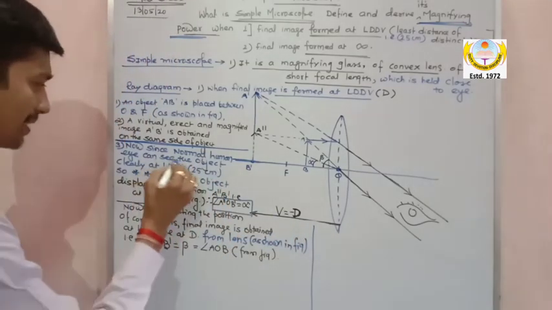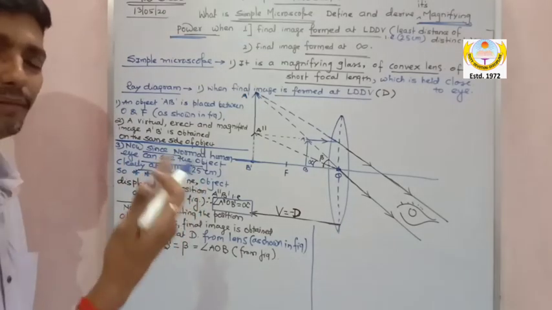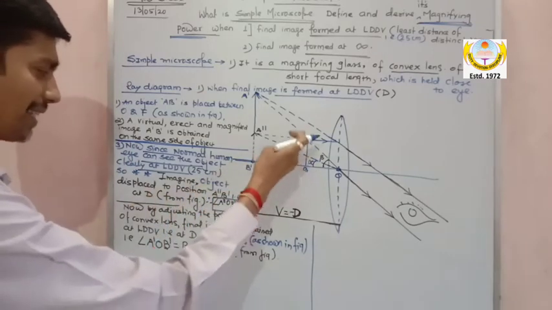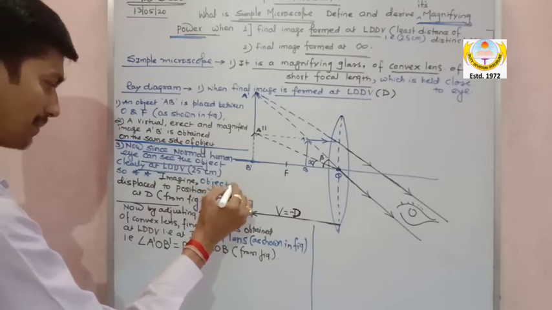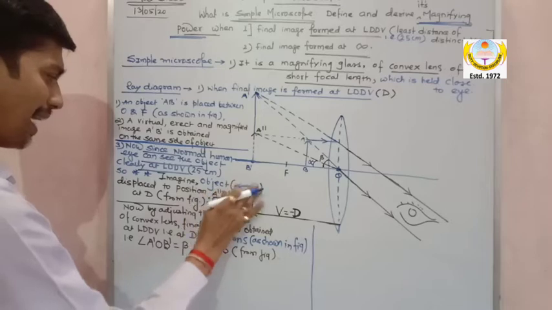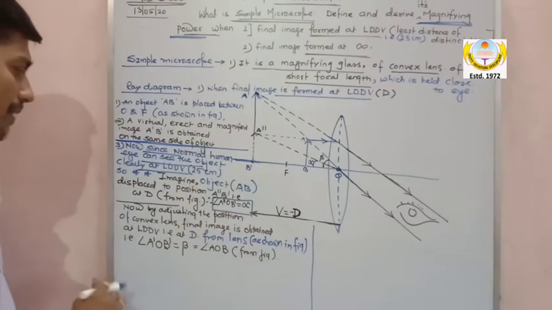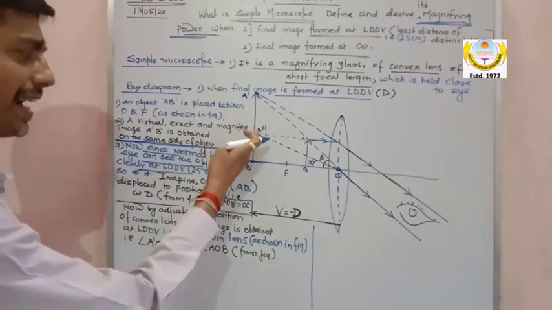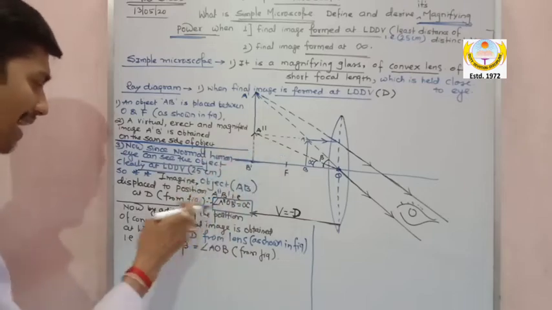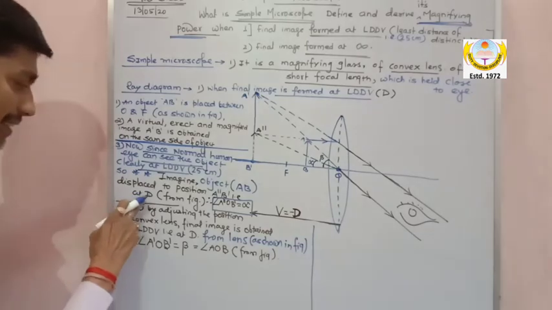Since the normal human eye can see the object clearly at LDDV, that is 25 centimeters, imagine the object at AB displaced to position A double dash B dash, that is at the least distance of distinct vision, at D.